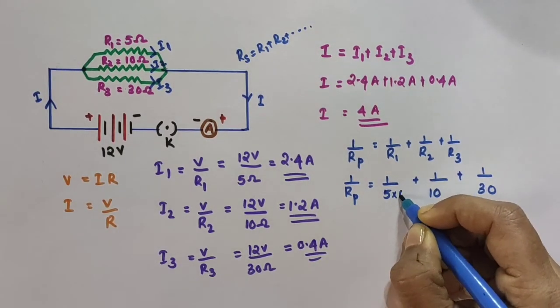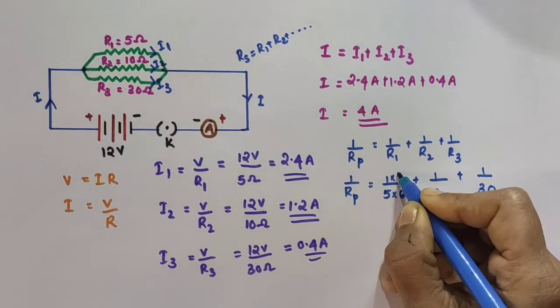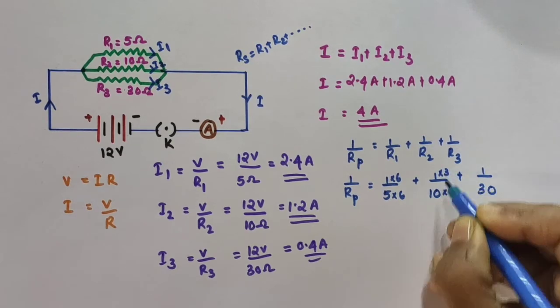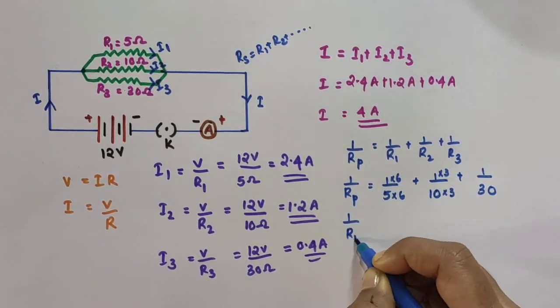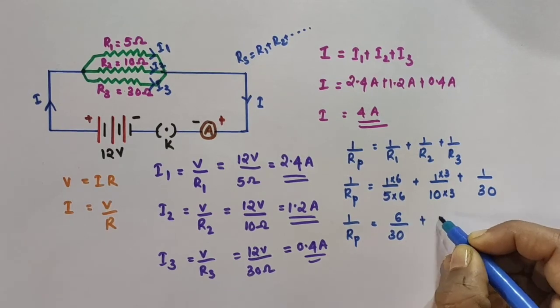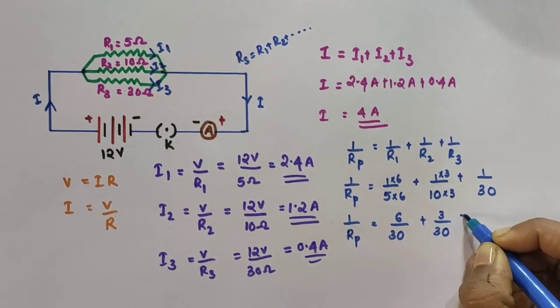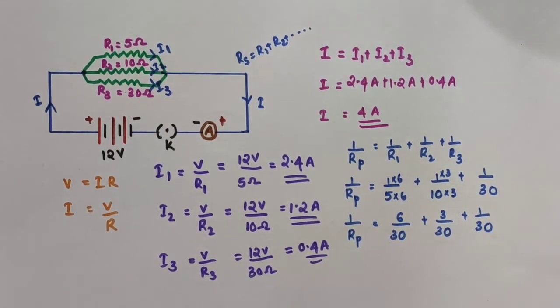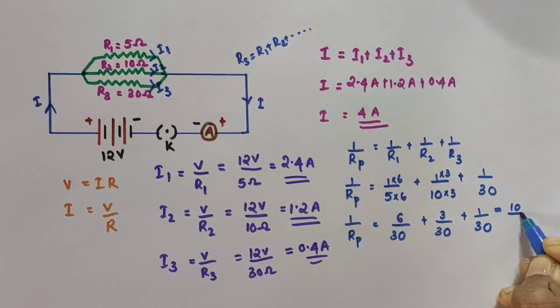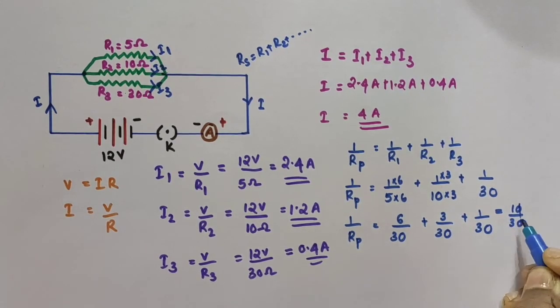I am multiplying its denominator with 6 and numerator with 6, and I am multiplying its denominator with 3 and its numerator with 3, so that their denominators become the same now. 6 by 30 plus 1 into 3, 3 by 30 plus 1 by 30. If the denominators are the same, we just want to add the numerators now. 6 plus 3, 9 plus 1, 10. 10 by 30, 0, 0 cancel. So this is equal to 1 by 3.